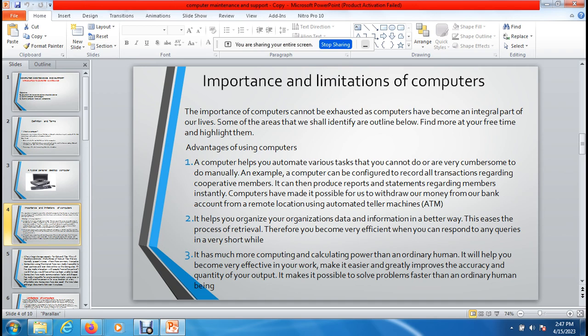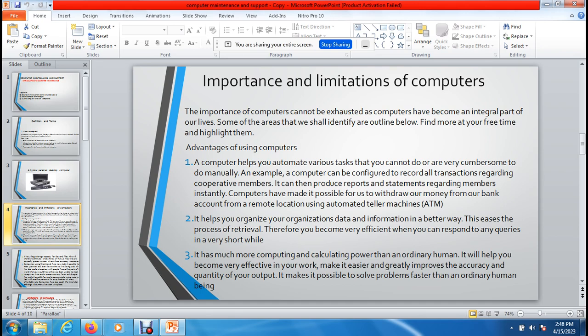I'm going to point out a few examples of advantages. The first one: a computer can help you automate various tasks that you cannot do or that are very cumbersome to do manually.